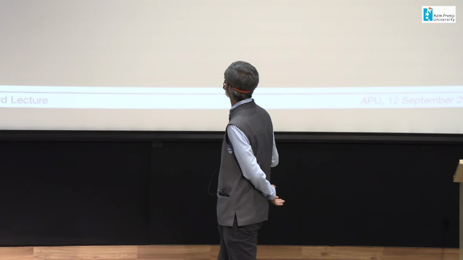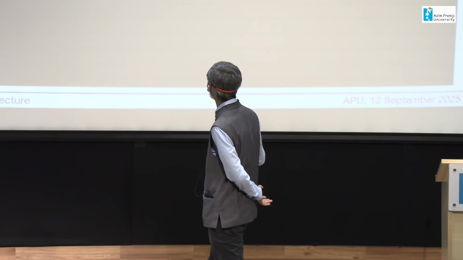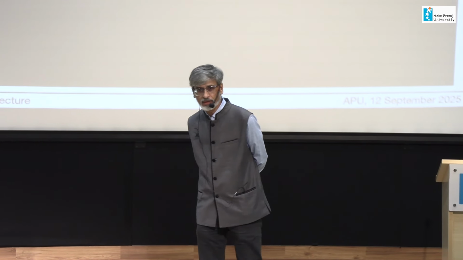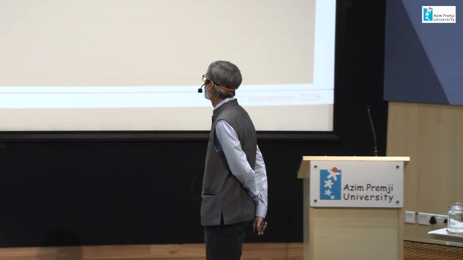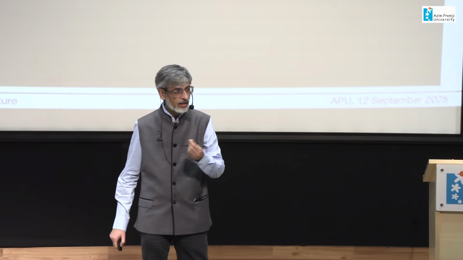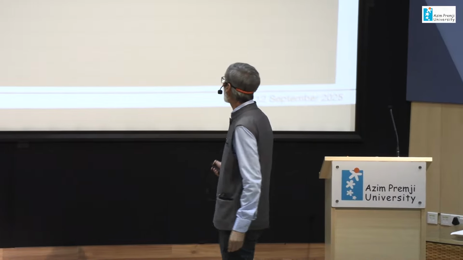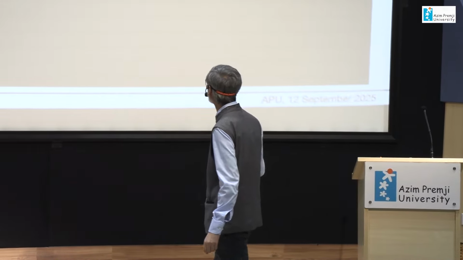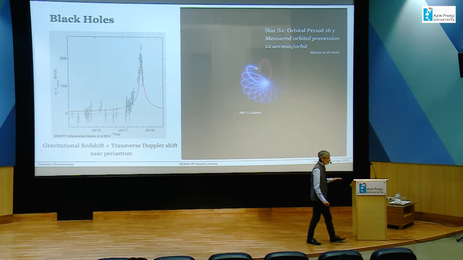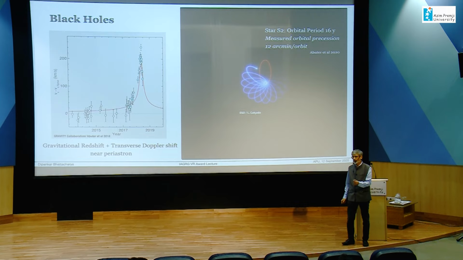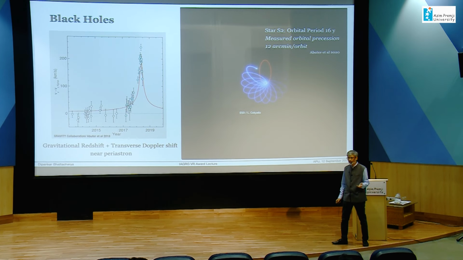Now, as this star passes by the nearest point to the black hole, which is called the periastron, you can keep measuring spectral lines from the star and keep track of its radial velocity. And as it passes nearby, you see that you get some drop in radial velocity compared to what you expect.